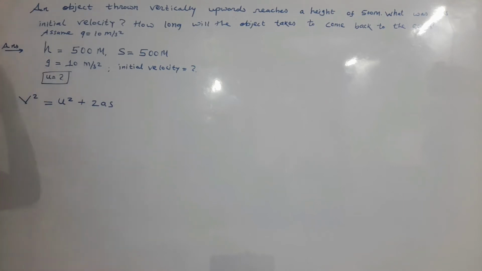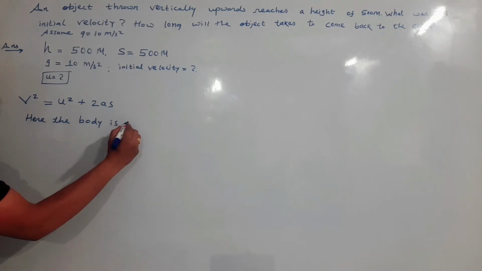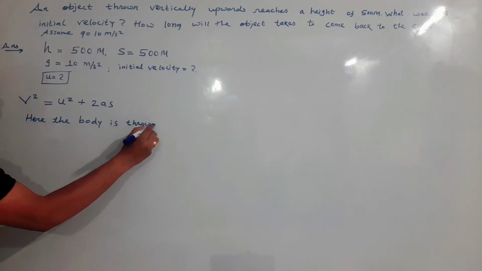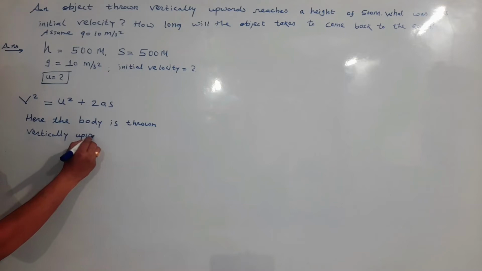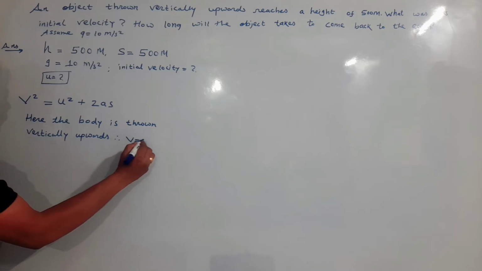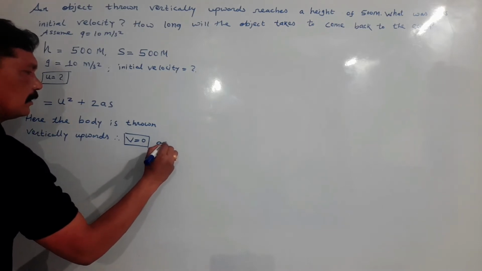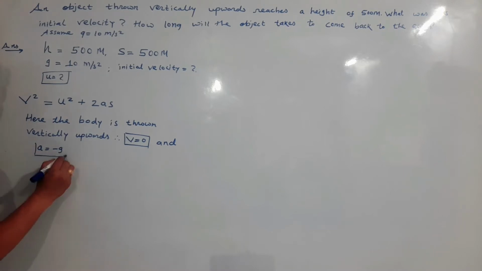Here the body is thrown vertically upwards. Therefore, my dear student, v will be equal to 0 and a will be equal to minus g.